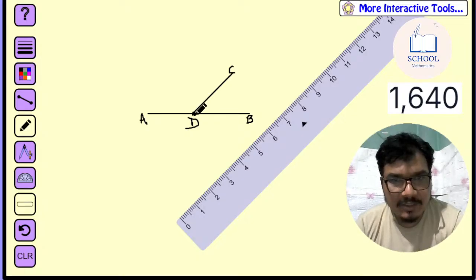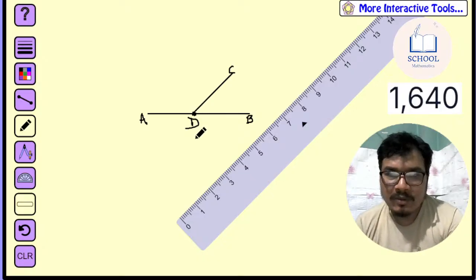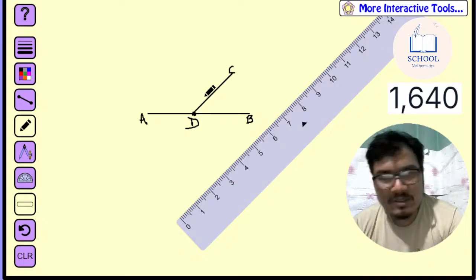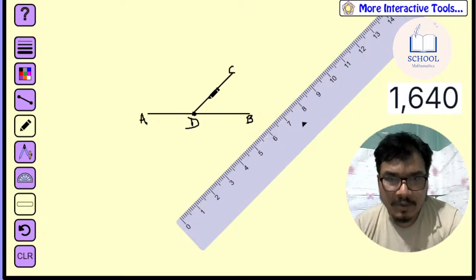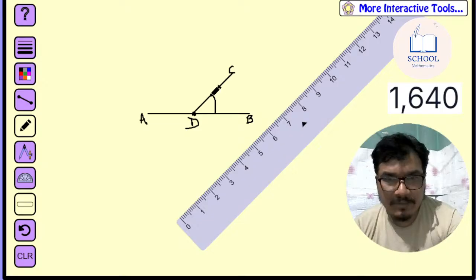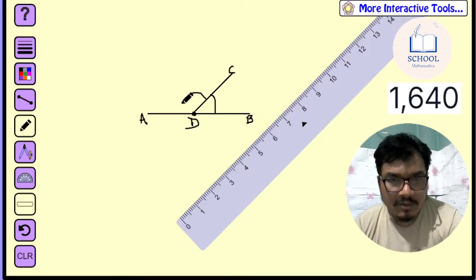Okay, they're meeting each other at this point, and angles are formed here. Look, one angle is formed here on this right side, okay, and another angle is formed here on this left side, okay.